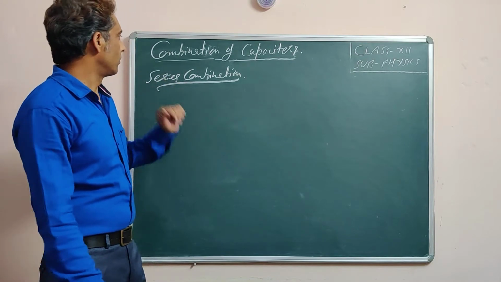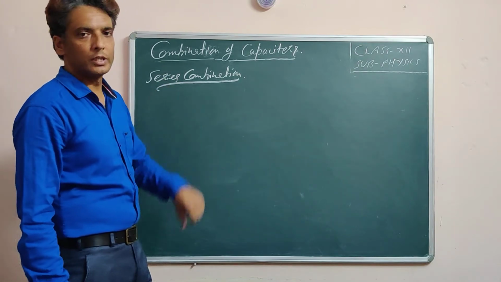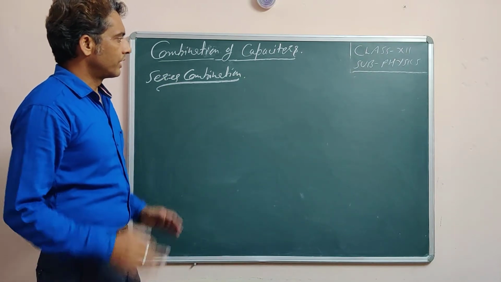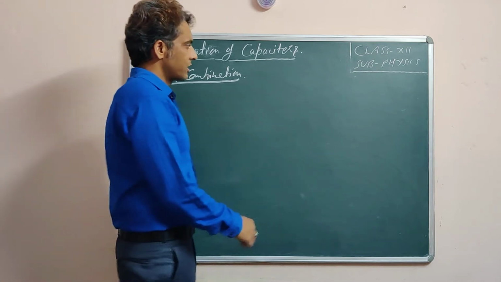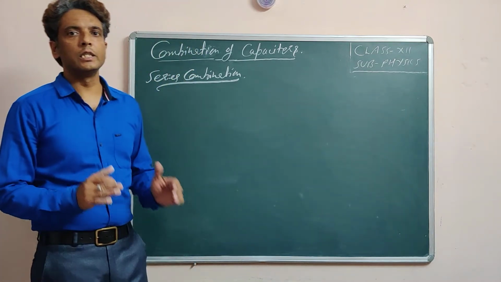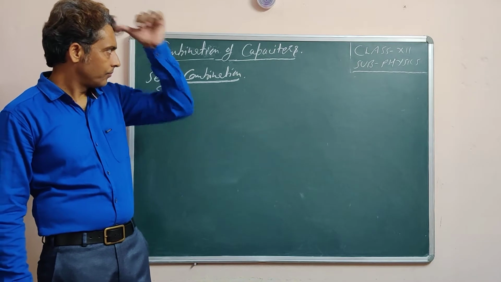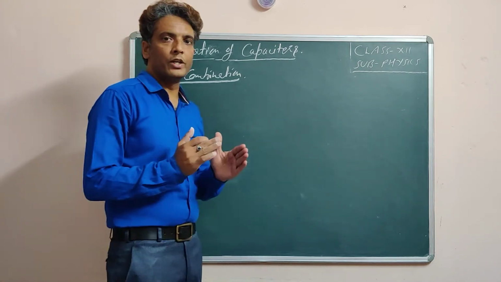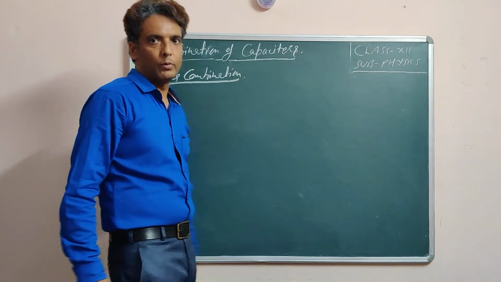When we talk about the series combination of capacitors, we can say that the capacitors can be connected in series if we can proceed from one point to another through only one path.